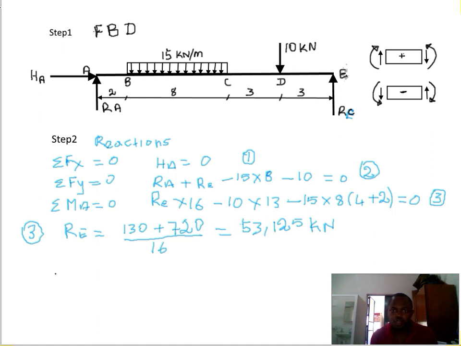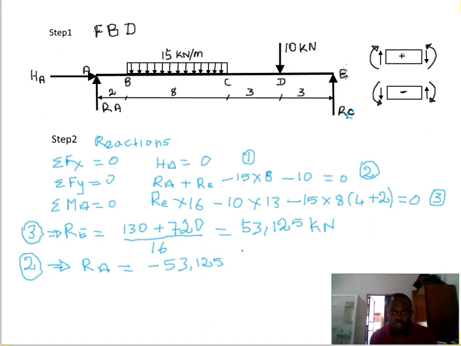And we can now solve equation 2. So in equation 2, RA will be equal to minus 53.125, which is RE.